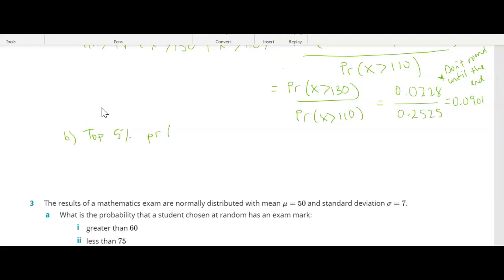We want the probability that X is greater than some value, which we can call K, to be 0.05. You can do it the other way: the probability that X is less than K is equal to 0.95. Remember the symmetry. But we'll stick with the first notation.